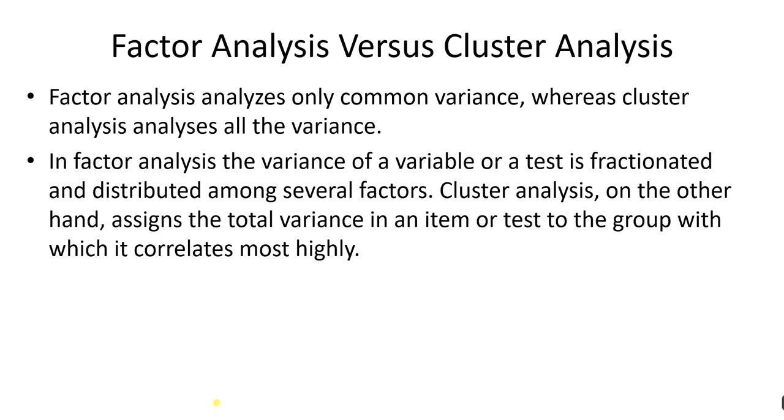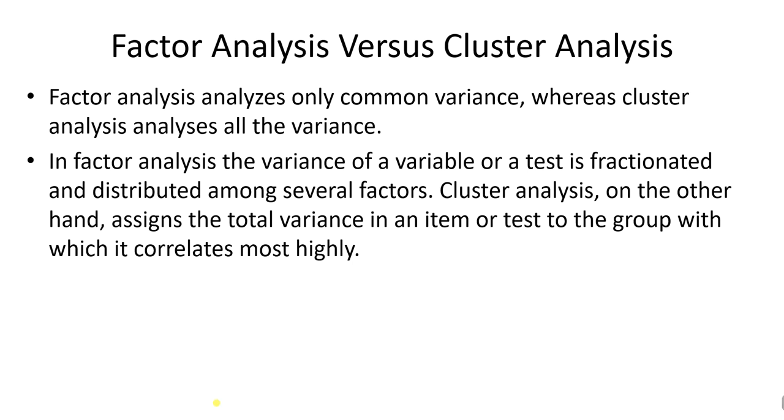On the other hand, cluster analysis assigns the total variance in an item or a test to the group. So the whole variable will go in one cluster. But in factor analysis, one variable may be highly related with one factor, but moderately or weakly related with the other.